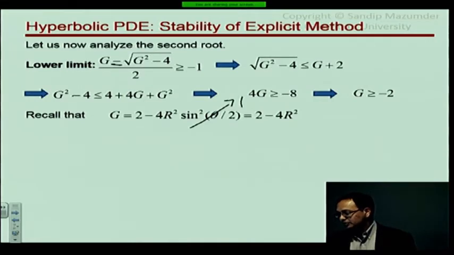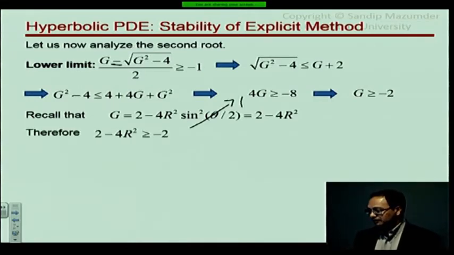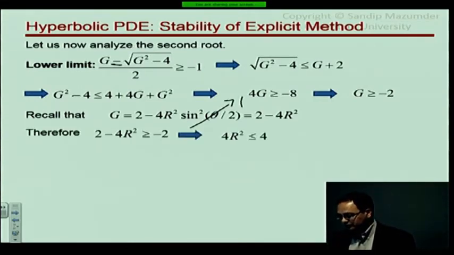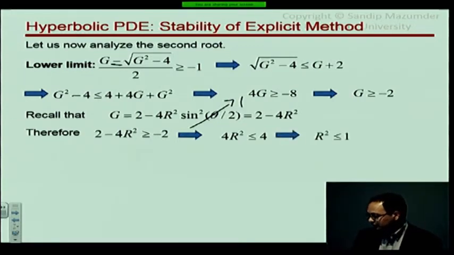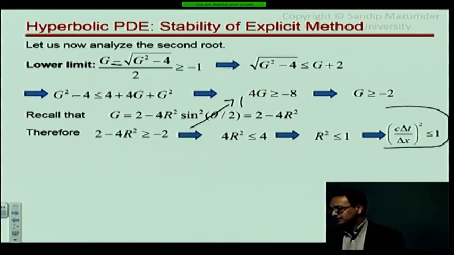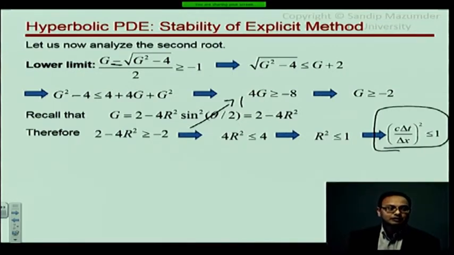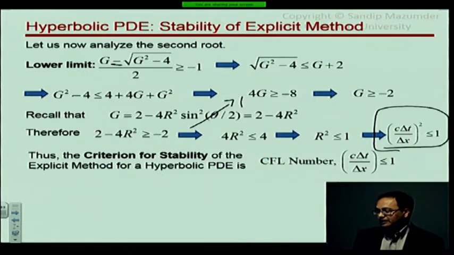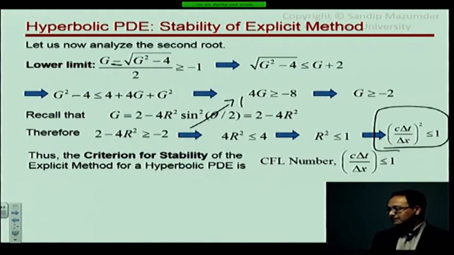So therefore 2 minus 4r square is greater than or equal to minus 2, or 4r square is less than or equal to 4, or r square is less than or equal to 1. That's a valid stability criterion now. Okay. So this criterion for stability of an explicit method for hyperbolic PDEs is that the CFL number must be less than 1.